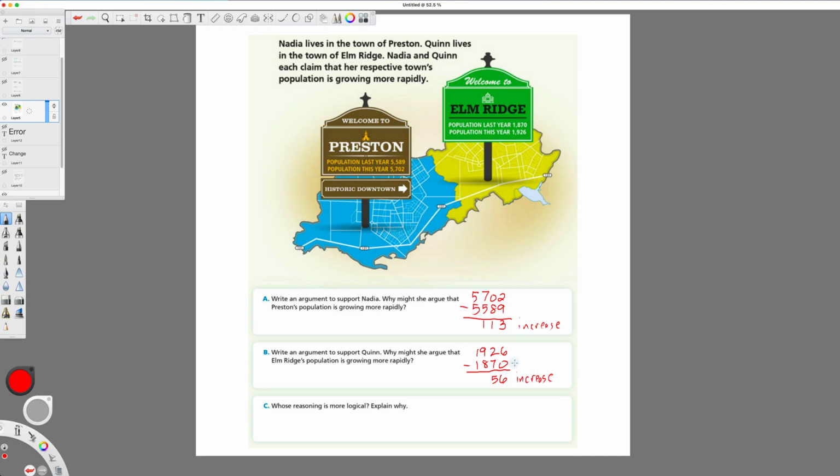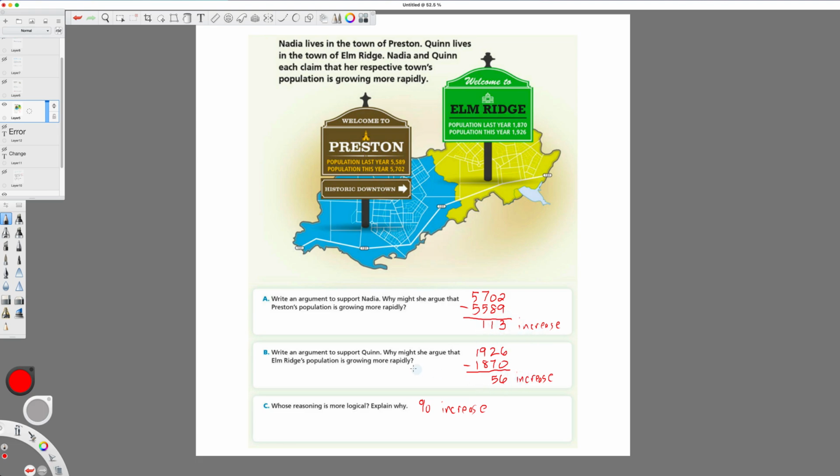And if you think about it, if there were one person and they increased by 50, that would be a smaller increase than either of these, but that would be a huge change from 1 person to 51 people. So just based on the raw number, it's not a great measure. I think the more logical way is to use a percent increase. And we're going to go through several examples, so I'm not going to spend time going through the calculations here.